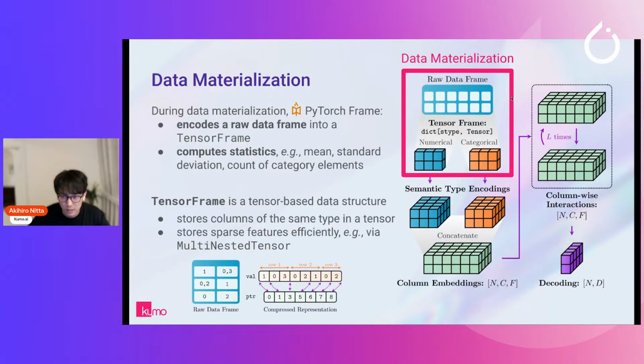When you have raw table data, the first thing PyTorch Frame does is data materialization. During data materialization, it mainly encodes a raw data frame into tensors, because subsequent models are written in PyTorch, so we want to use PyTorch tensors.